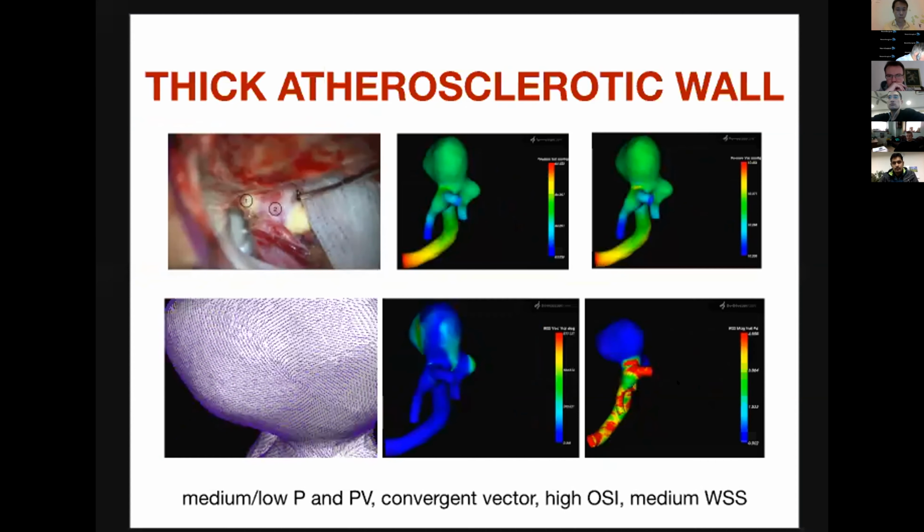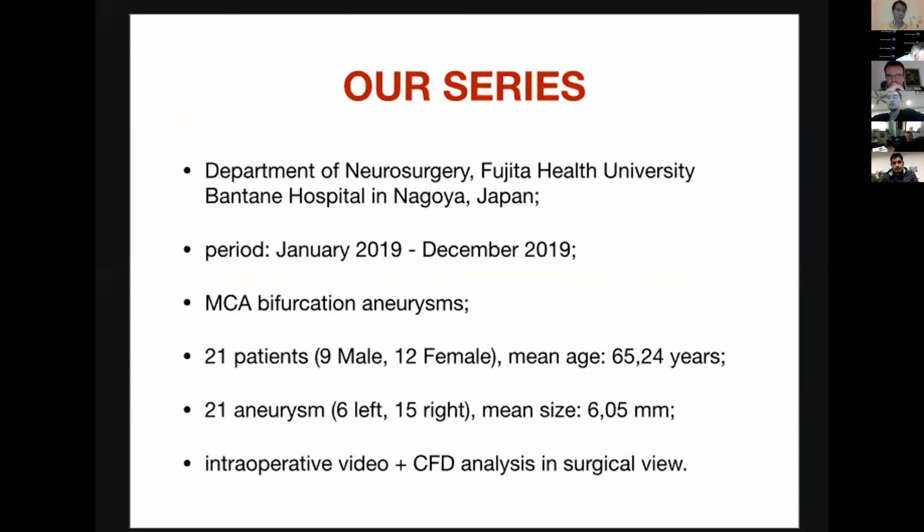index, and medium WSS. To verify our hypothesis, we analyzed unruptured MCA bifurcation aneurysms treated from January 2019 to December 2019 at the Neurosurgical Department of Fujita Health University, Bantane Hospital in Nagoya, Japan. We reviewed the intraoperative video and checked the CFD analysis and parameters of 21 patients with 21 aneurysms.